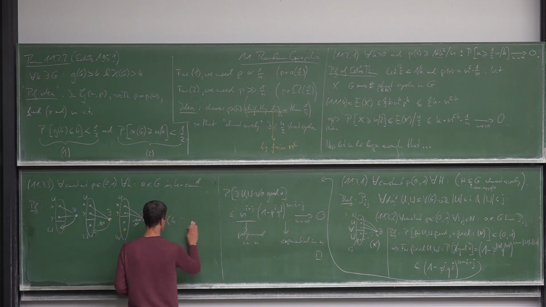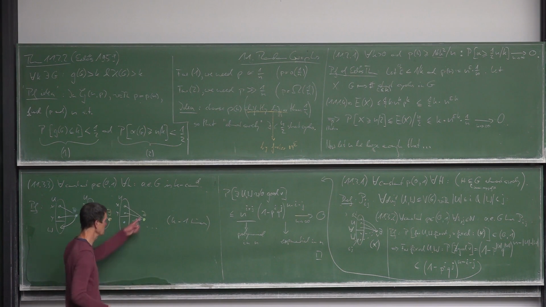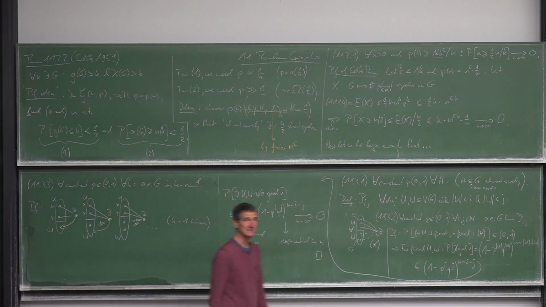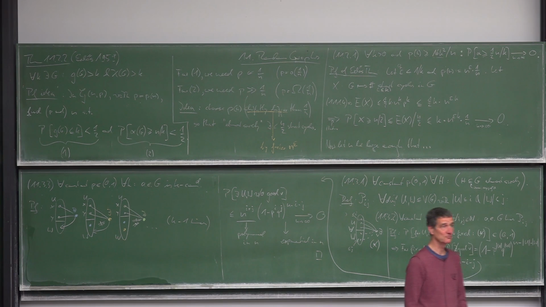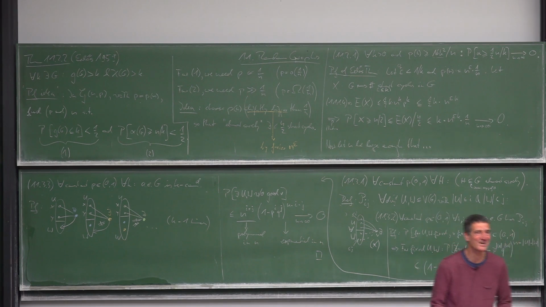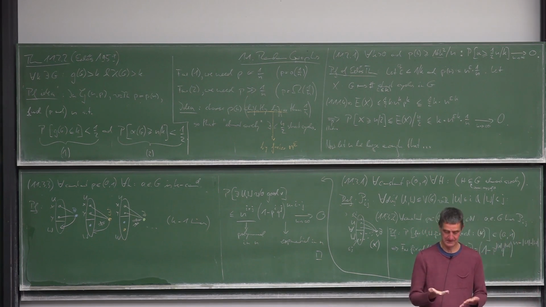We can do this k minus 1 times. I'd always find a new vertex, and all together we'll have k vertices that are all adjacent to U and W, and they're all distinct. Yeah, that's graph theory at its deepest.